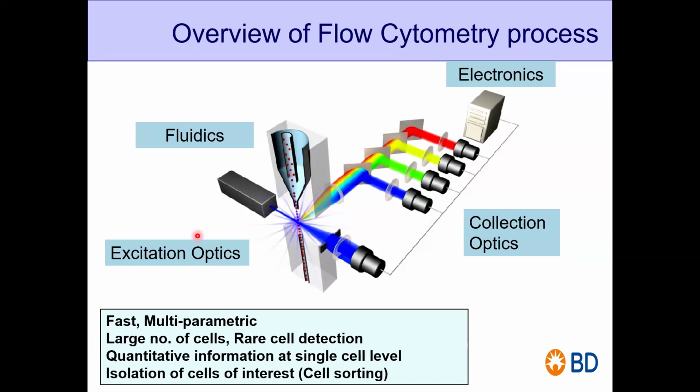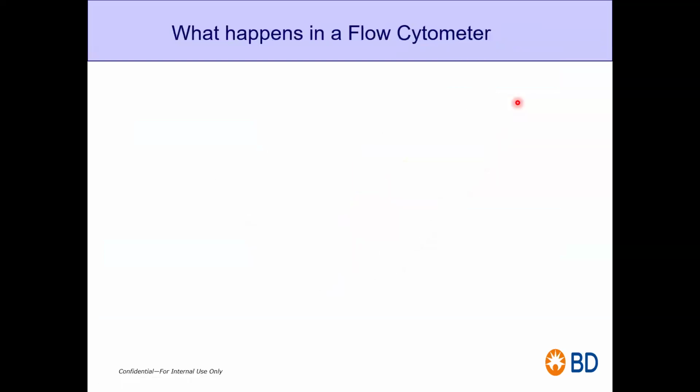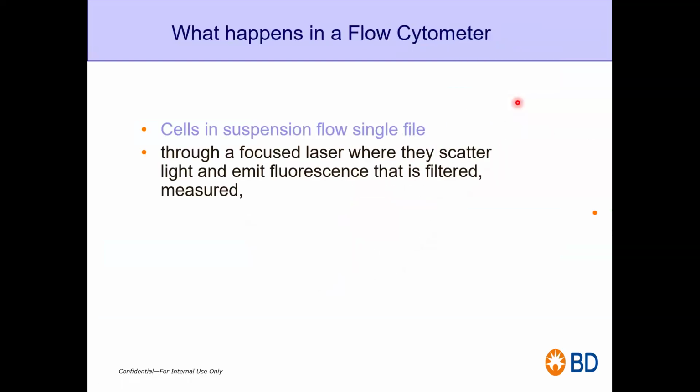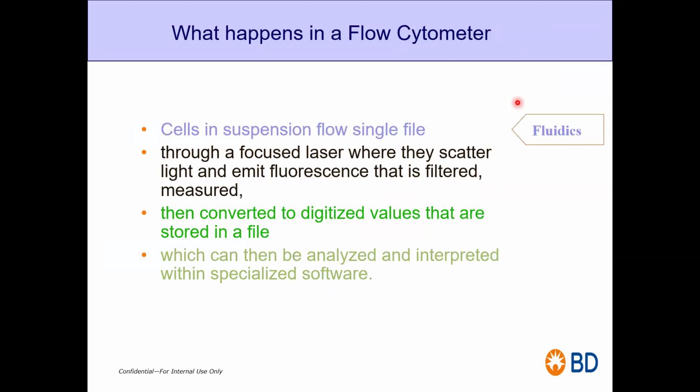Then this is your excitation optics, this is your collection optics, this is your electronics. I'll be talking more about it in the next slides. So what's happening in a flow cytometer? In fluidics, cells are in suspension and go inside the machine in a single file, meaning one by one.